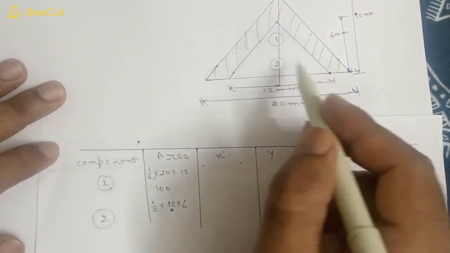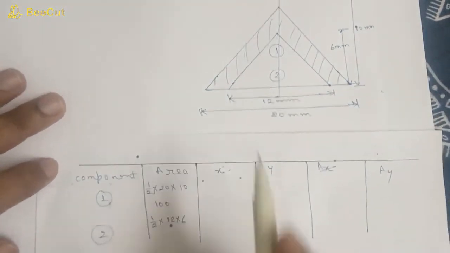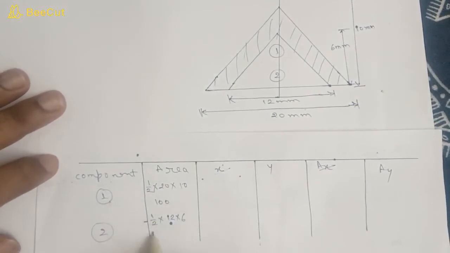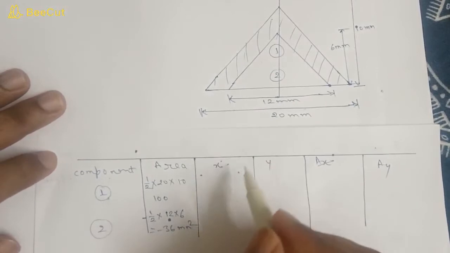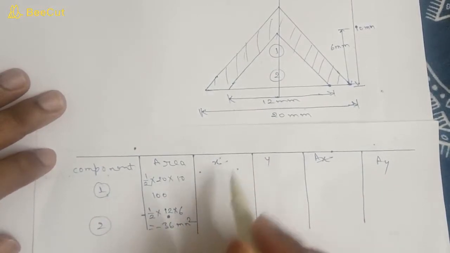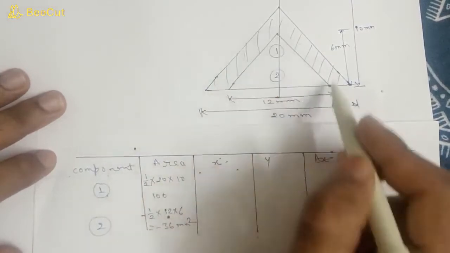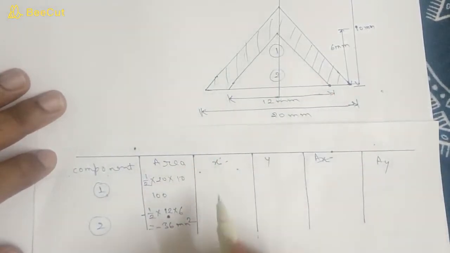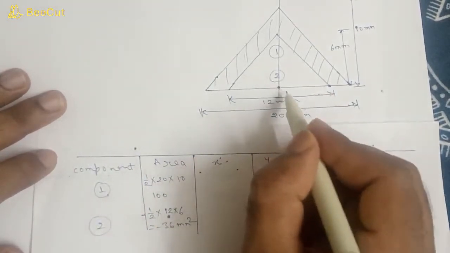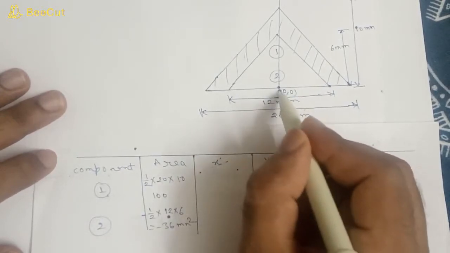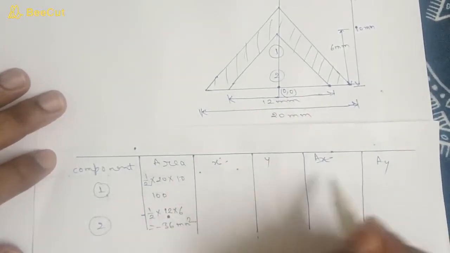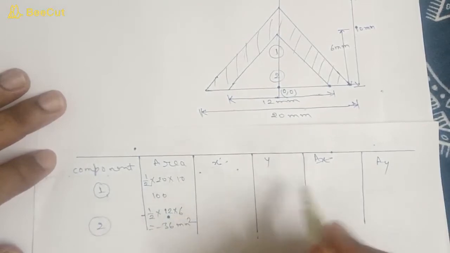This area is taken out from this shape, so this area will be negative. So it will be minus 36 mm square. Now we need not calculate the x coordinate because we know the x coordinate of this shape. It is located at this line. If we take the origin here, then the x coordinate will be 0. So this all will be 0.